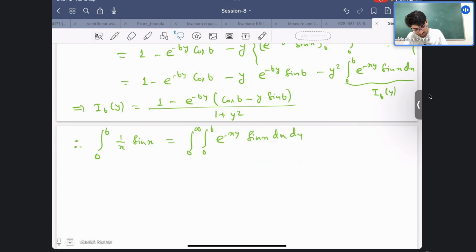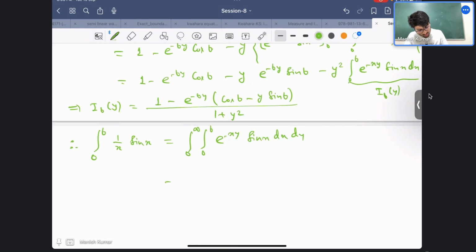Now you have to integrate this with respect to y. So from 0 to infinity, this quantity is 1, so let's write 1 by (1 plus y square) minus e^(-by) times (cos b minus y sin b) by (1 plus y square), so this whole integration with respect to y.